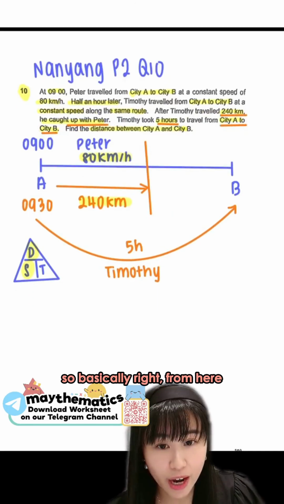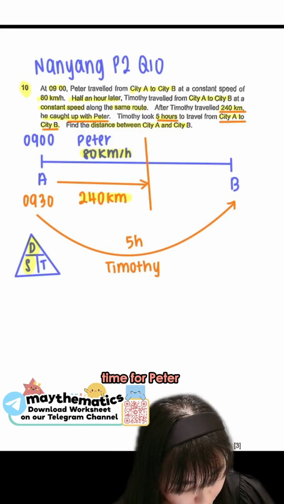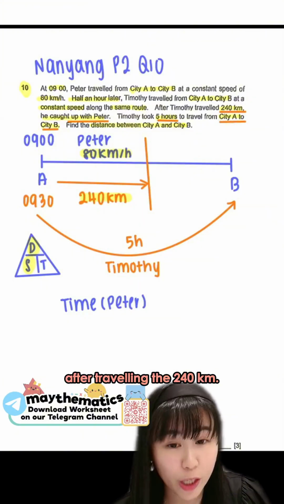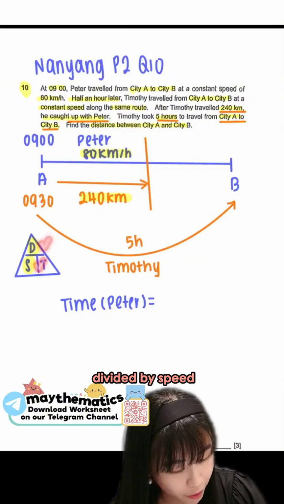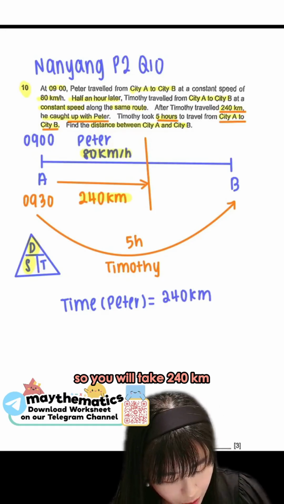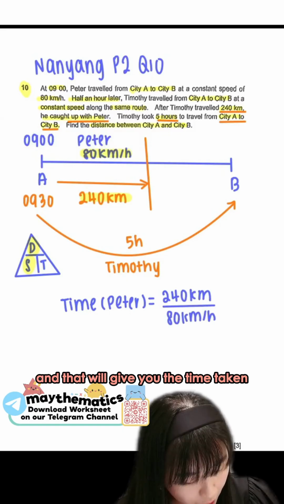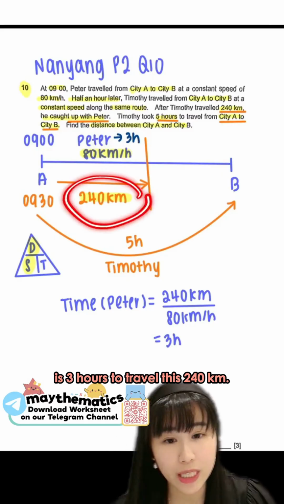So basically, from here, what you can do is find the time for Peter, the time for Peter after traveling the 240 km. To find the time, you need to take distance divided by speed. So you will take 240 km divided by 80 km per hour, and that will give you the time taken: 3 hours to travel this 240 km.